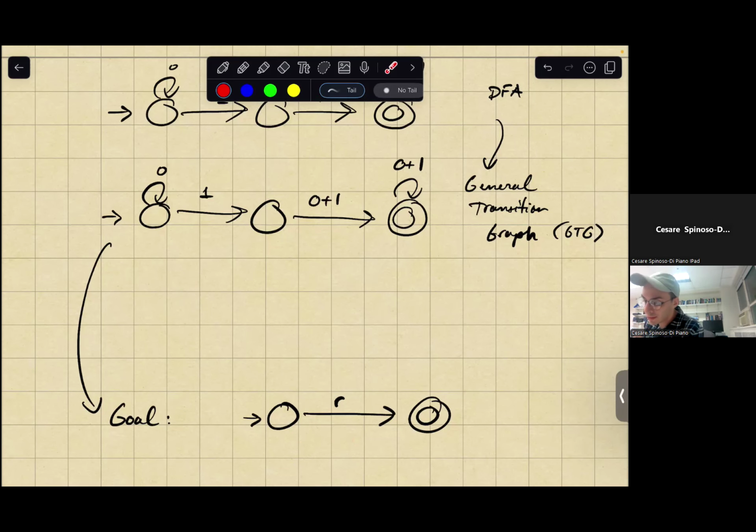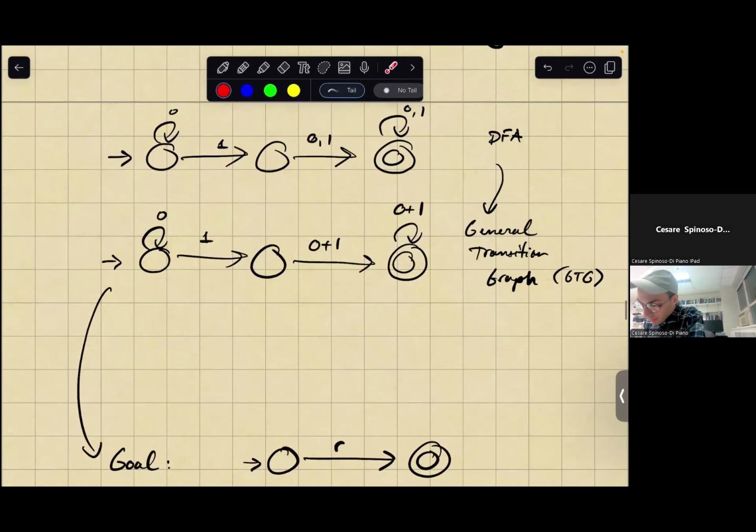So for instance, what this would look like in this example is here I'm going to eliminate this state, right? To eliminate this state, I have to think about what strings are going through this intermediate state. The strings going through this intermediate state are the ones that start here, then have a 1, and then have either a 0 or 1.